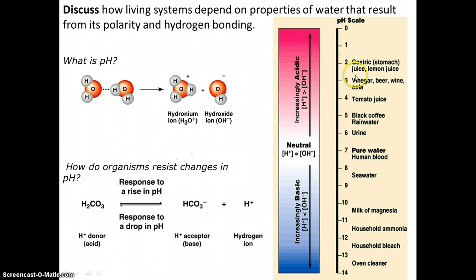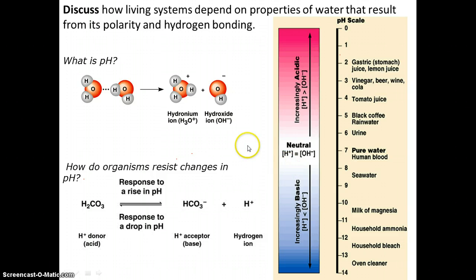If you look at the scale, there's a 10-fold difference between, say, 1 and 2. As you go lower on the pH scale, you have a higher concentration of hydrogen ions. As you go higher, you have a higher concentration of hydroxide ions but a lower concentration of hydrogen ions. When something is neutral, like pure water, hydrogen ions and hydroxide ions are in equal concentration. And notice this bracket, this is a symbol for concentration.